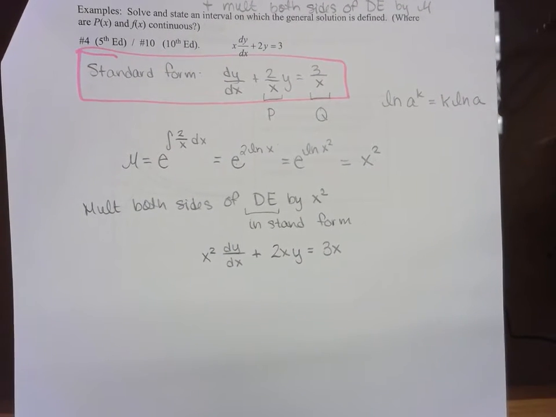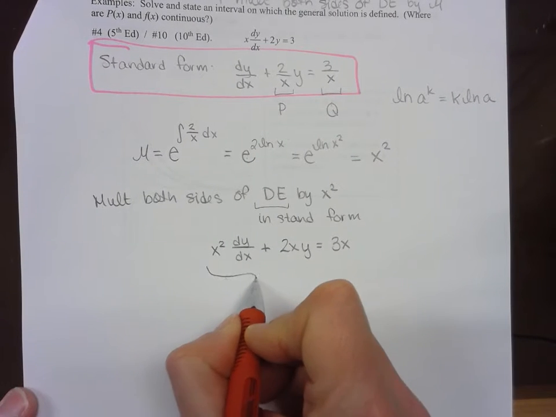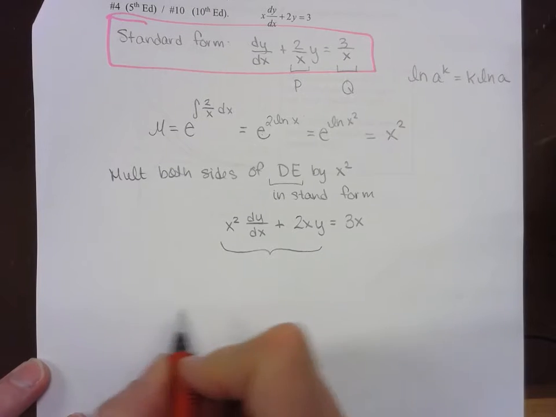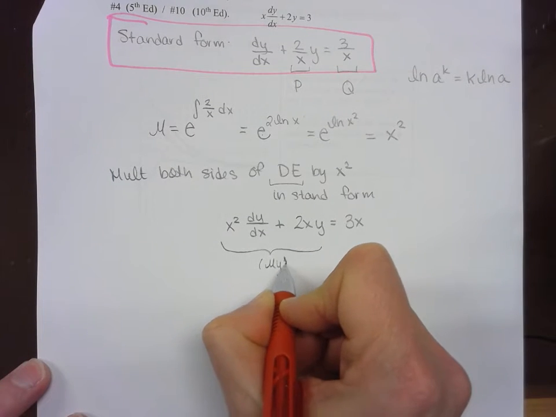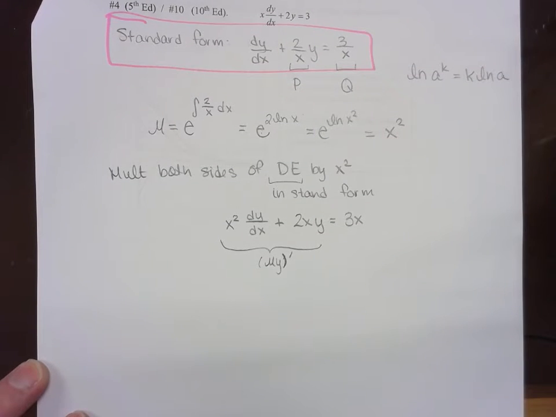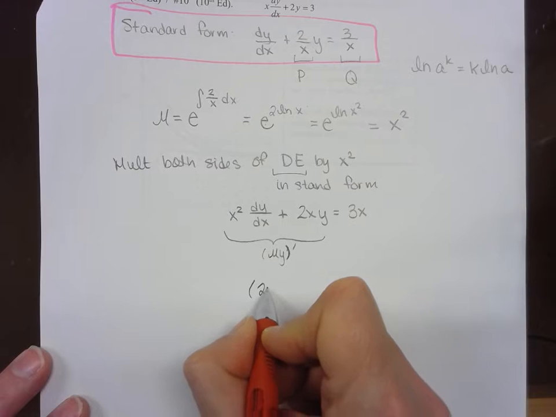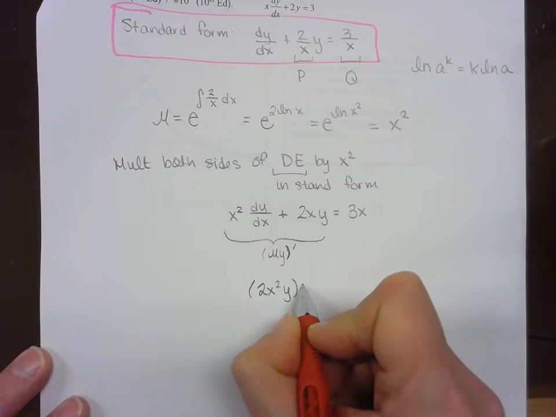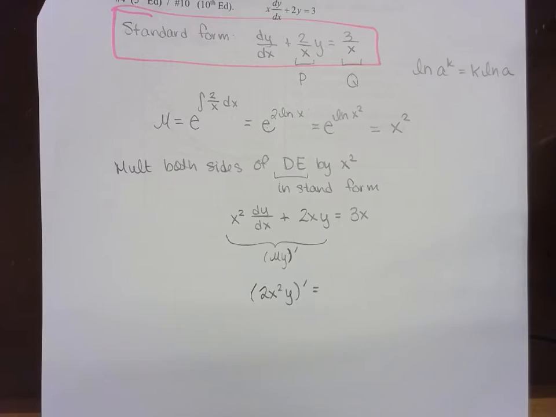If we've done everything right, the left-hand side, now remember, should be mu times y, the whole thing prime. So mu was x squared, y prime. Not 2, I don't know where that 2 came from.